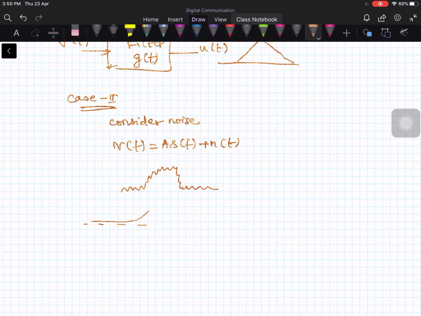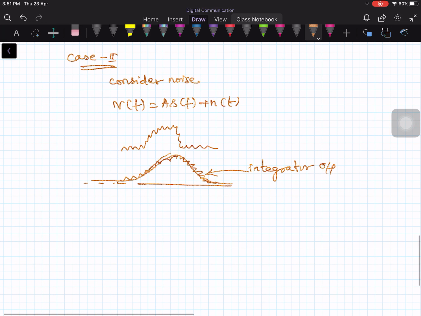So these values again reach a maximum value and again slowly decrease. This is the output of your integrator, if you consider the noise.